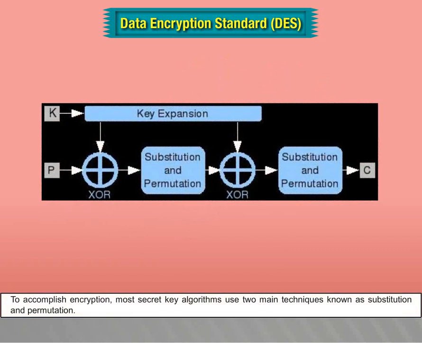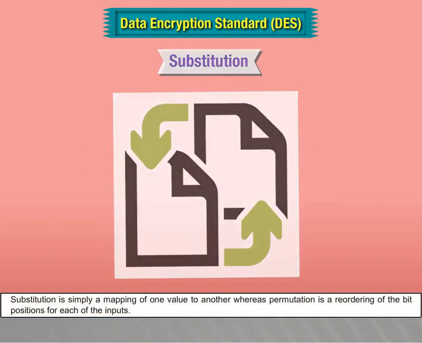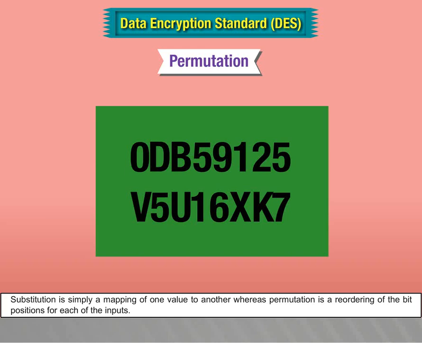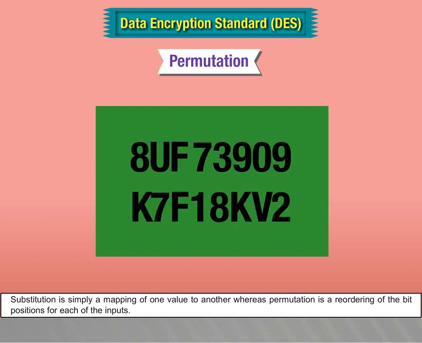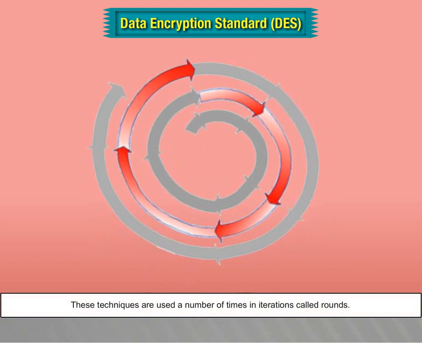To accomplish encryption, most secret key algorithms use two main techniques known as substitution and permutation. Substitution is simply a mapping of one value to another, whereas permutation is a reordering of the bit positions for each of the inputs. These techniques are used a number of times in iterations called rounds.